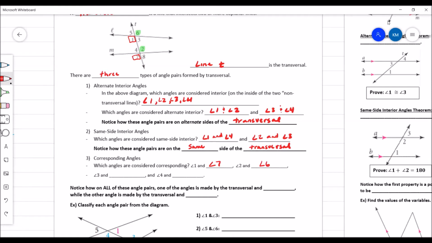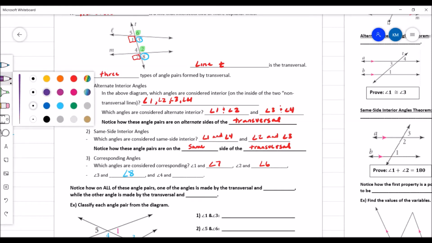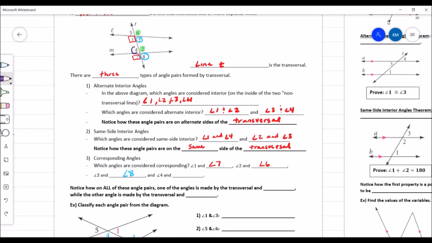Hopefully you catch the pattern before we're done. Angle 3 is corresponding with angle 8. And angle 4 is corresponding with angle 5.